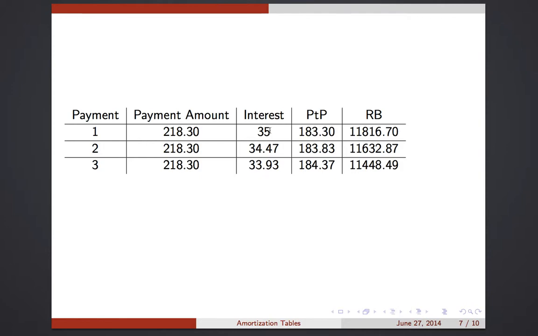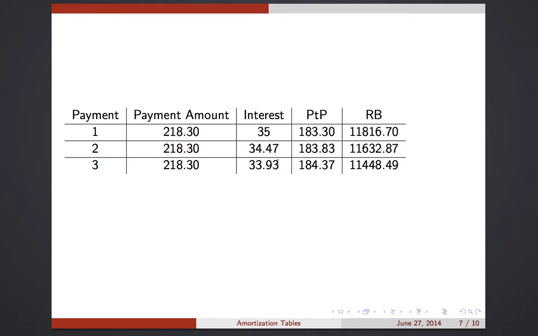So notice that to go from 35 to 34.47, that's only 53 cents. To go from 34.47 down to 33.93, that's more than 53 cents. So you'll actually see the rate of decrease increasing here. The portion to principal is increasing. Okay, you're paying less interest every time, so the amount that's left over to pay down principal goes up.